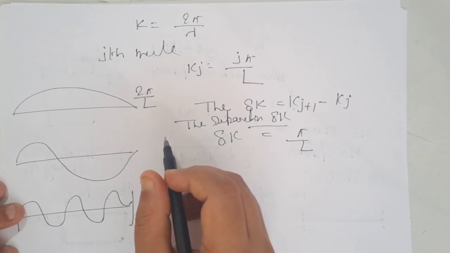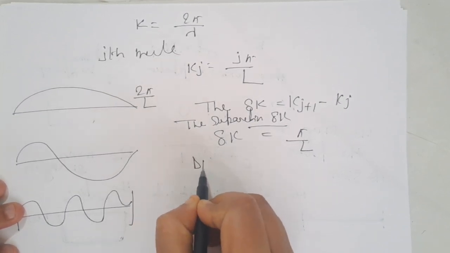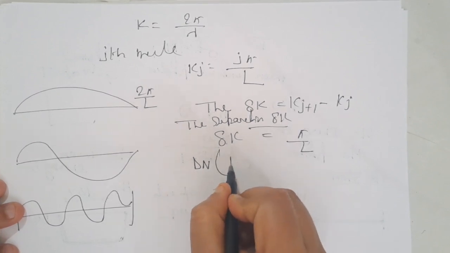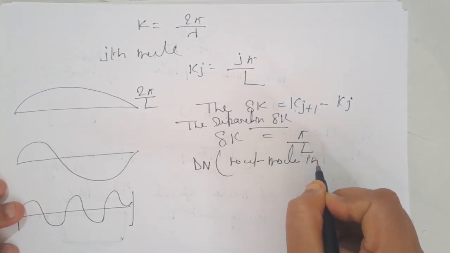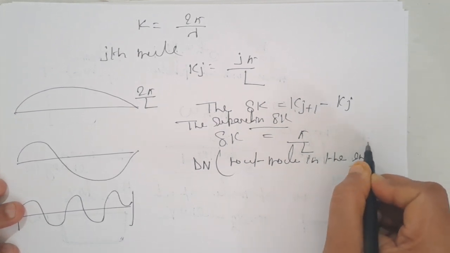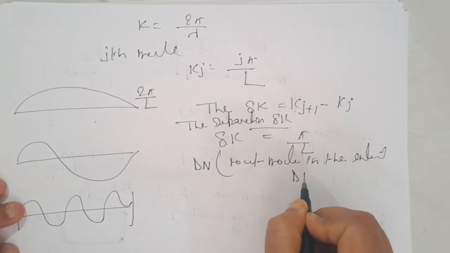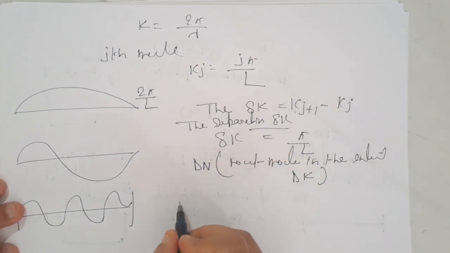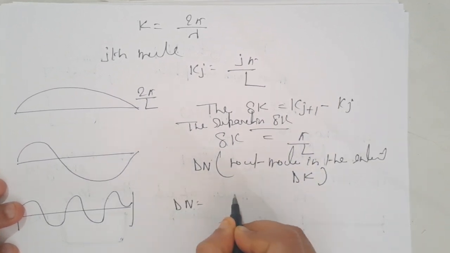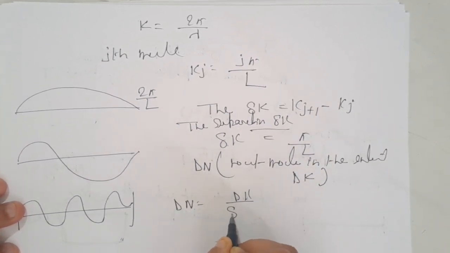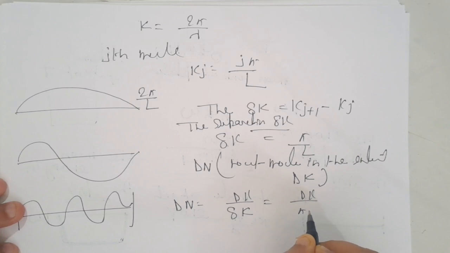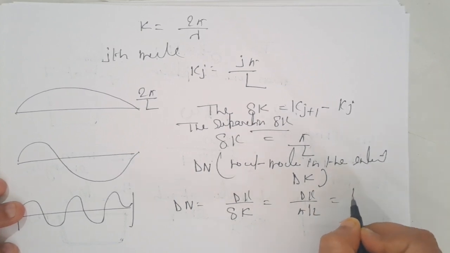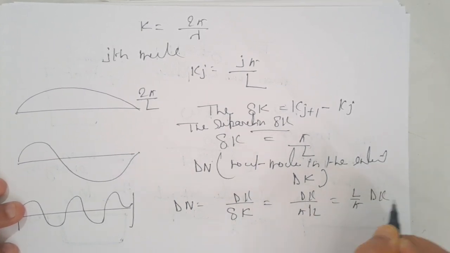If we take delta n as the number of modes in the interval delta k, then delta n is equal to delta k divided by small delta k, or delta k divided by pi by L, or L by pi delta k.